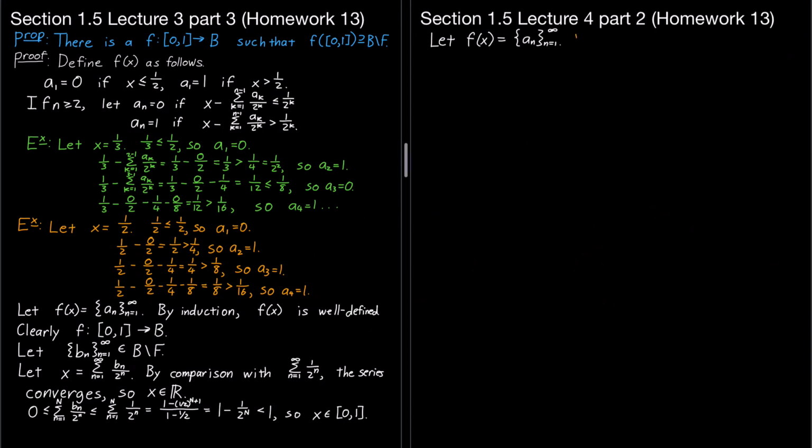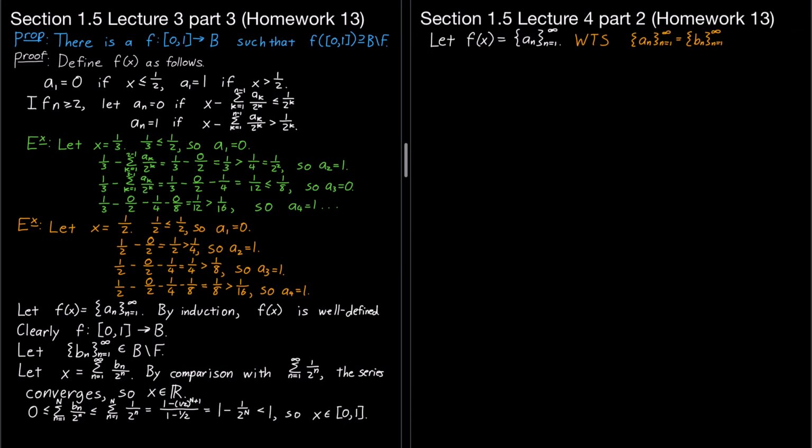And then we want to show that this sequence of an's is the same as the sequence bn that we started with, because remember what we're trying to do is show that f is surjective. So we want to show there's some x such that f of x is our target sequence of bn's.